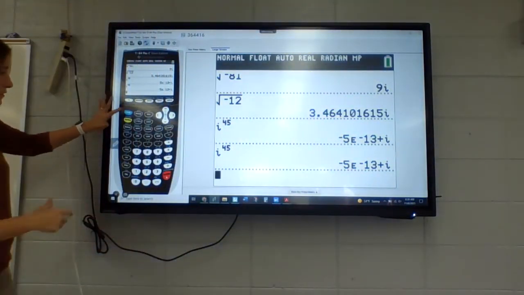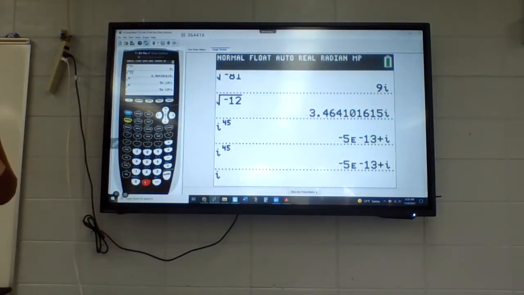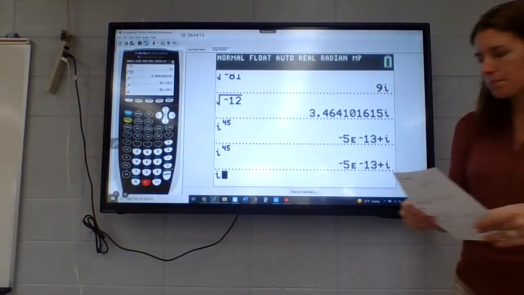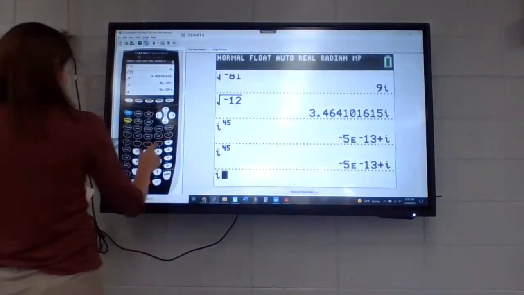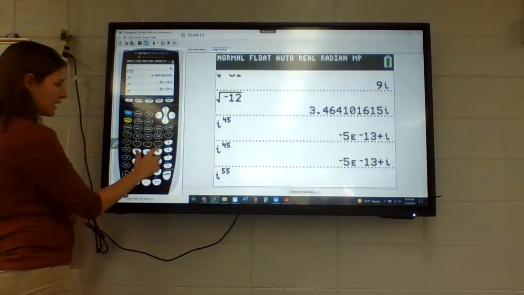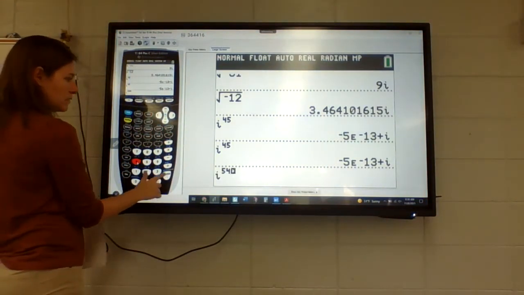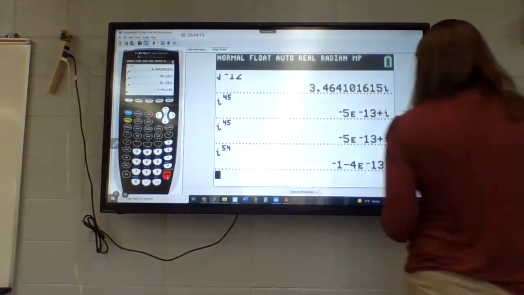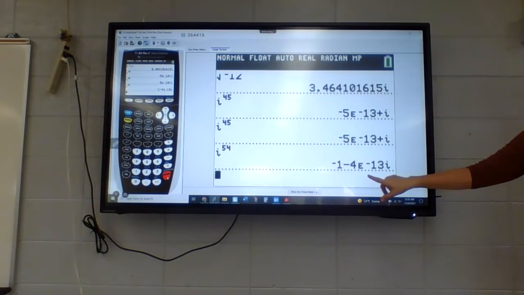So we want to know how to do this by hand, just in case our calculator gets weird. Apparently our calculator's not very good at this, but at the same time this is negative 1.